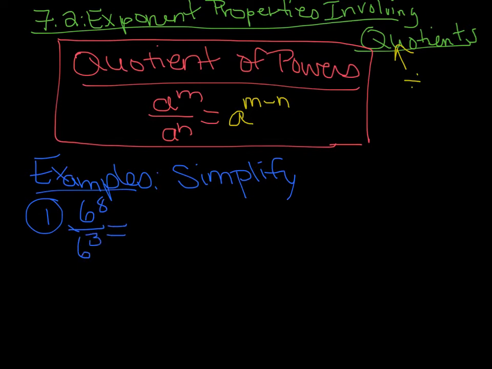So, for number 1, we have 6 to the 8 over 6 to the 3rd. What we're going to do is change that to 6 to the 5th. We subtract our exponents. You don't need to write that middle step in unless you want to. But that's all we do for that one. So I'm going to give you guys a few to do on your own.